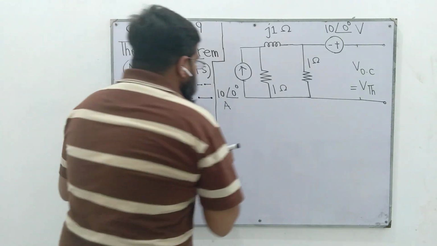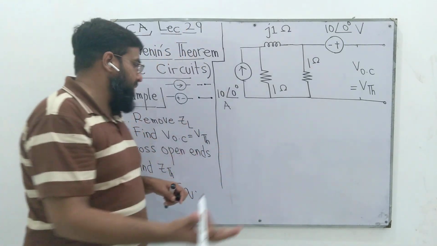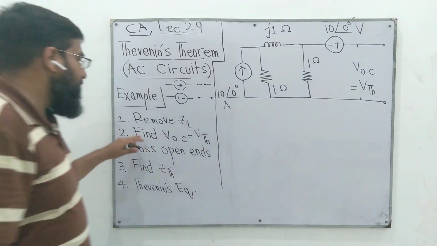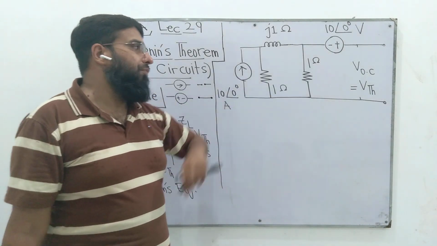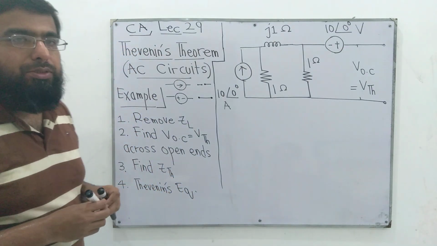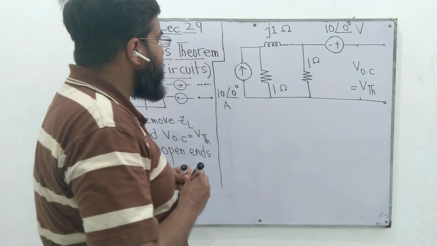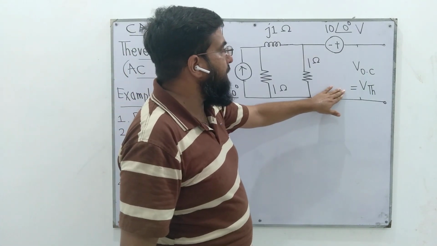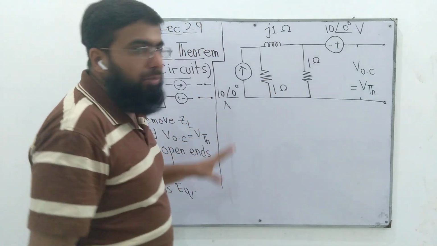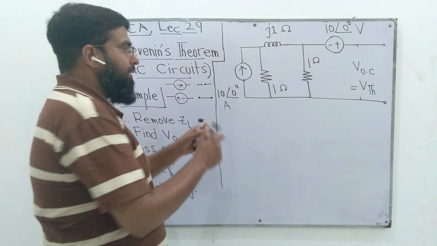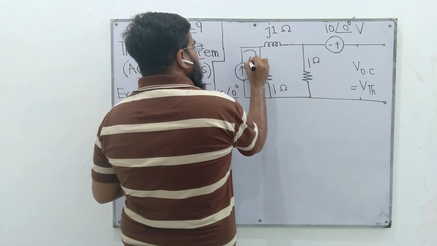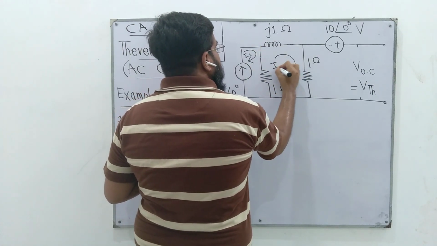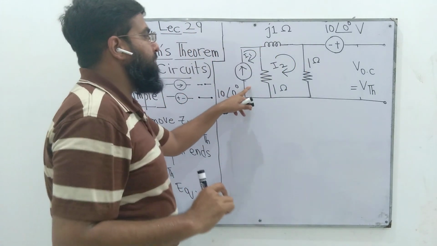Step number 1 is remove ZL, which we have already done. In step number 2, we'll have to find VOC or Thevenin across these open ends. We can find out the value of Thevenin either by applying nodal analysis or loop analysis, but we feel that applying loop analysis is more appropriate because we assume two loops here.